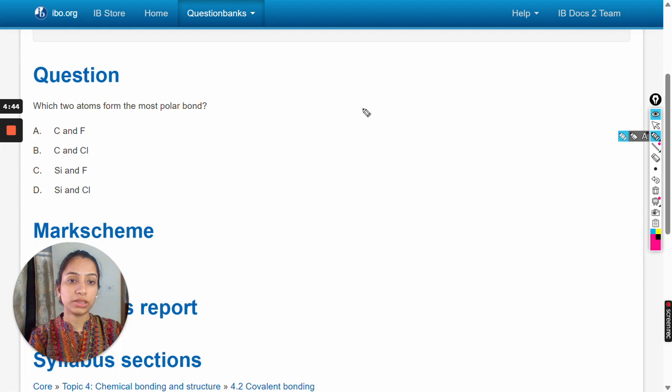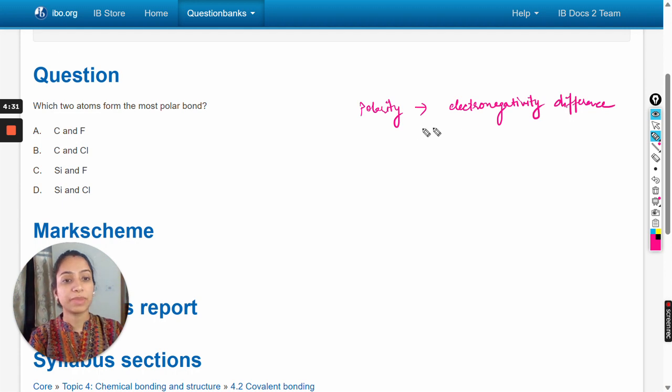So the polarity of the bond depends upon the electronegativity difference of the atoms in which the bond is formed.